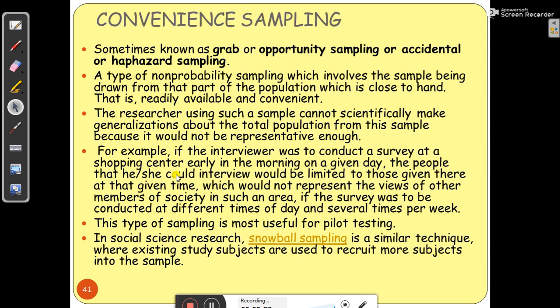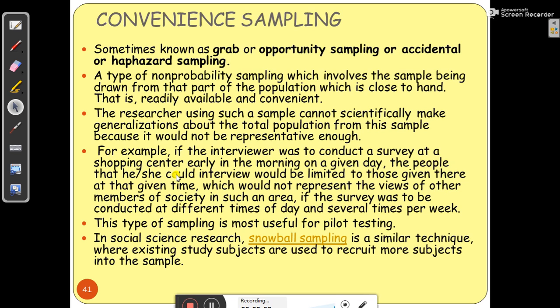For example, if the interviewer was to conduct a survey at a shopping center early in the morning on a given day, the people he or she could interview would be limited to those there at that time, which would not represent the views of other members of society in such an area.